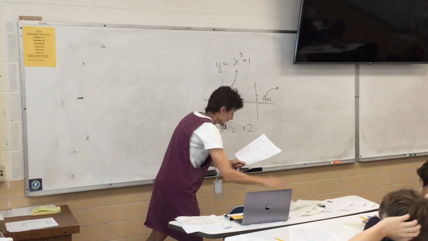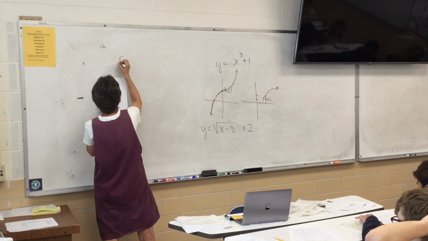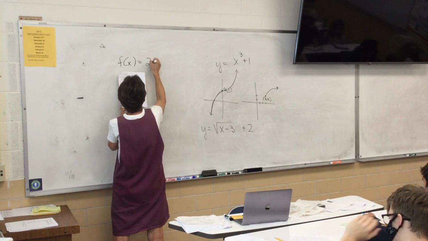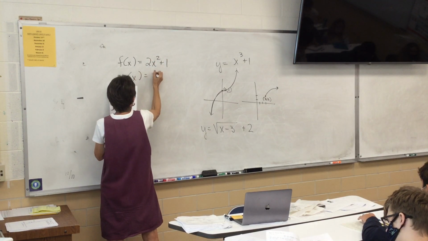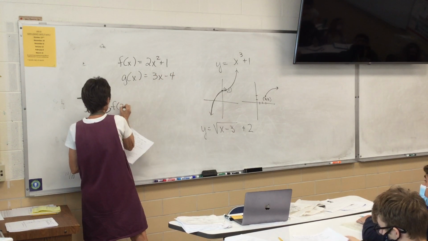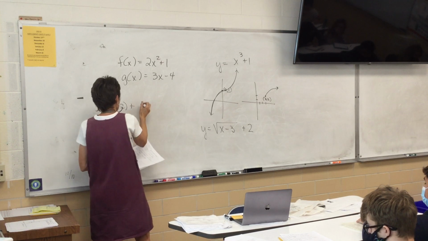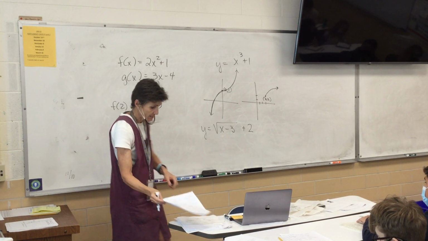One more section, and that's it for the whole test. So we've got these 2 functions. And we're going to do f of 2 plus g of -3. You know how to do this. This is easy.